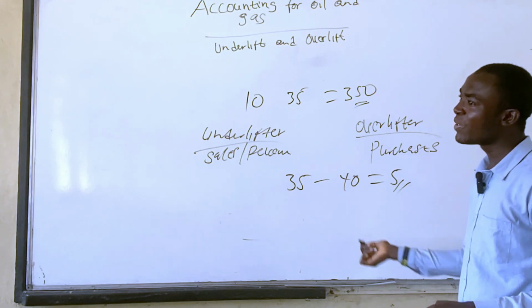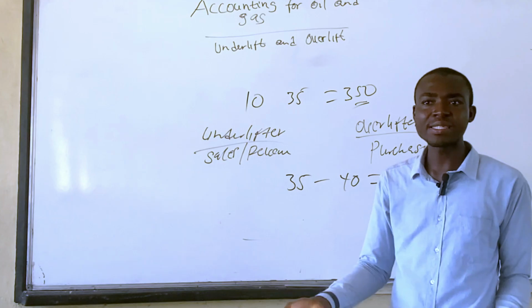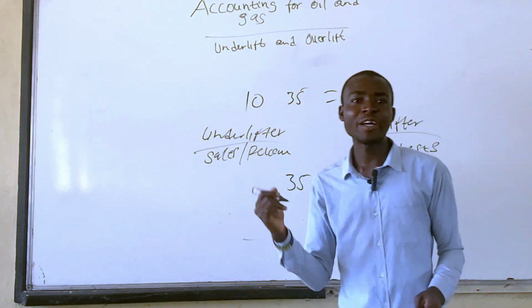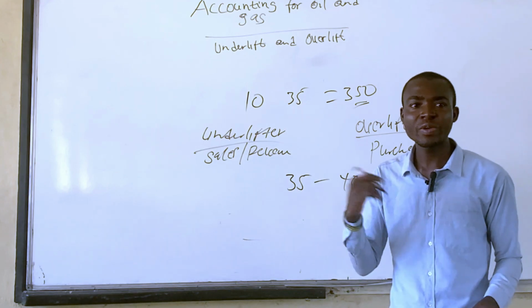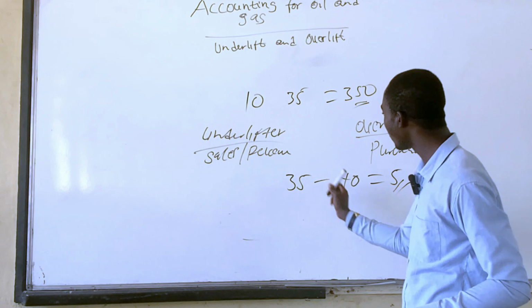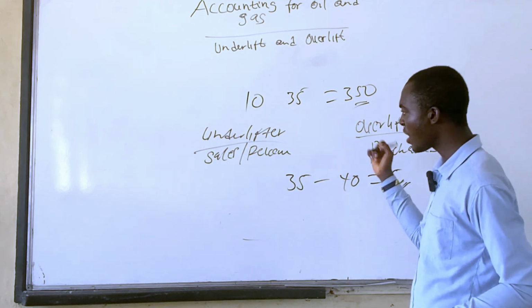That's the difference between the oil price on the day in which the transaction took place and the market price for oil at the balance sheet date, the date on which they are preparing their financial statements. So the overlifter must pay that extra money.